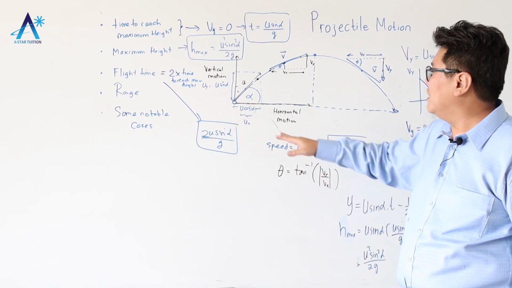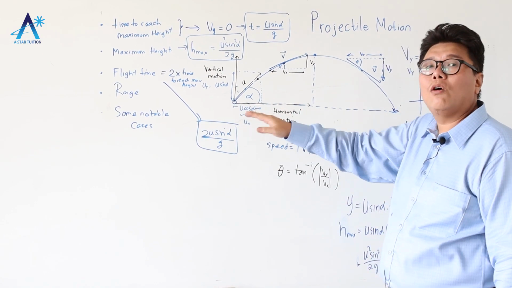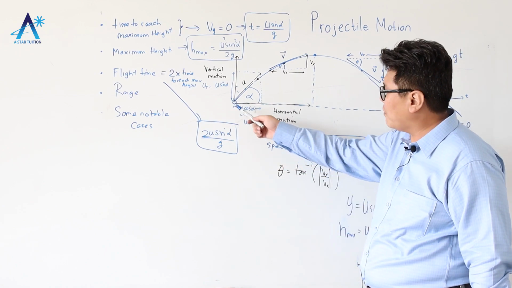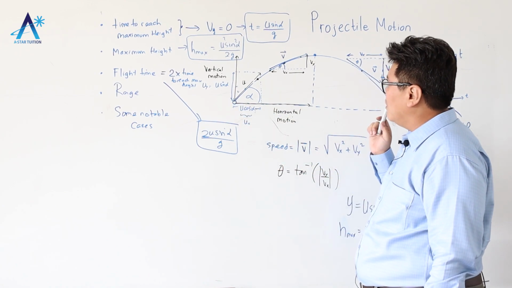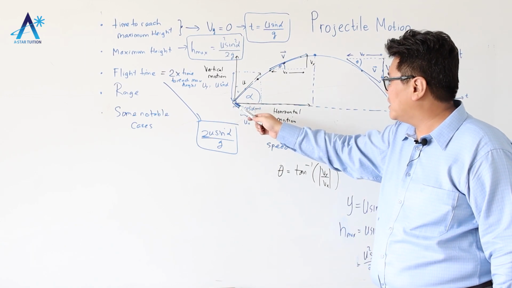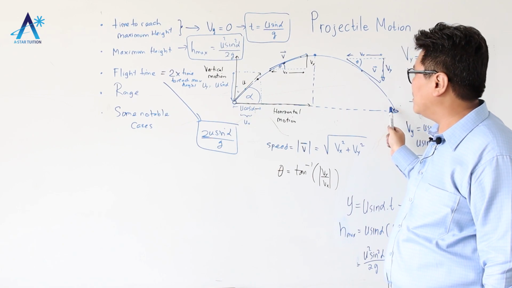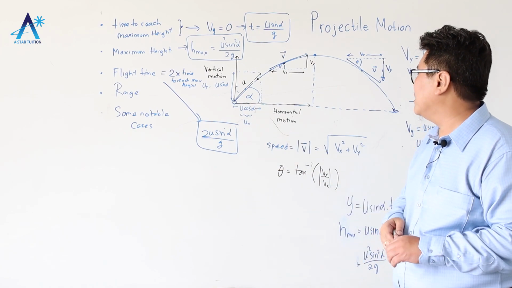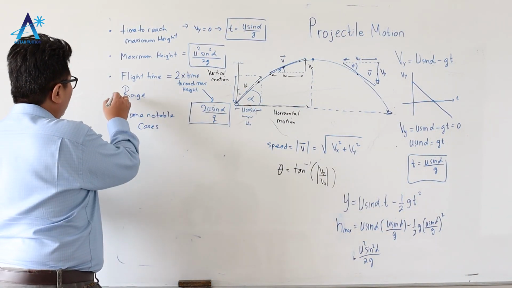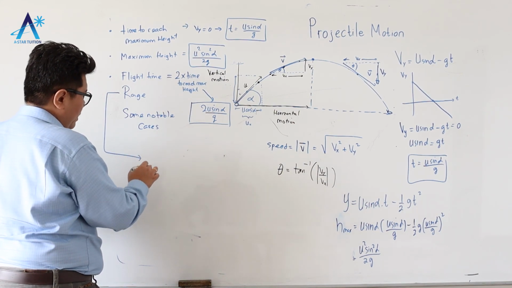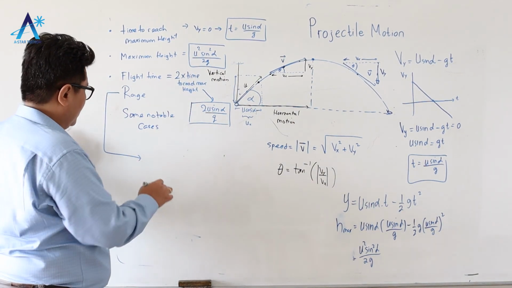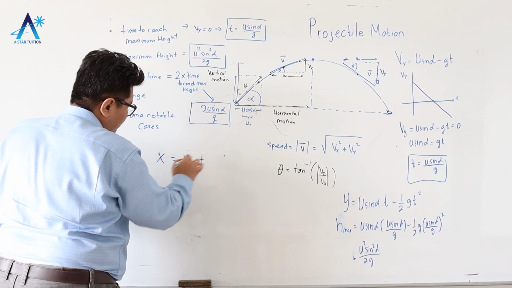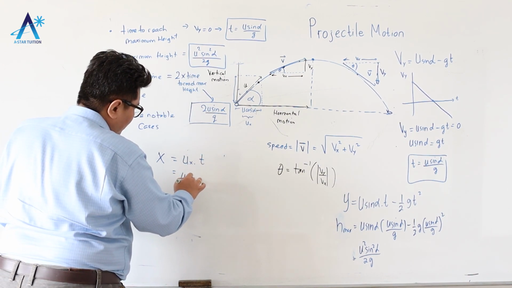Now when that happens, what is the horizontal displacement? In this case, what we need is to find the horizontal displacement. We already know that the time to reach the initial vertical position again is the flight time, which is twice the time to reach maximum height. So in order to find the range, we look at the horizontal motion. Remember, the equation is x equal to ux times t, equal to u cos alpha times t.